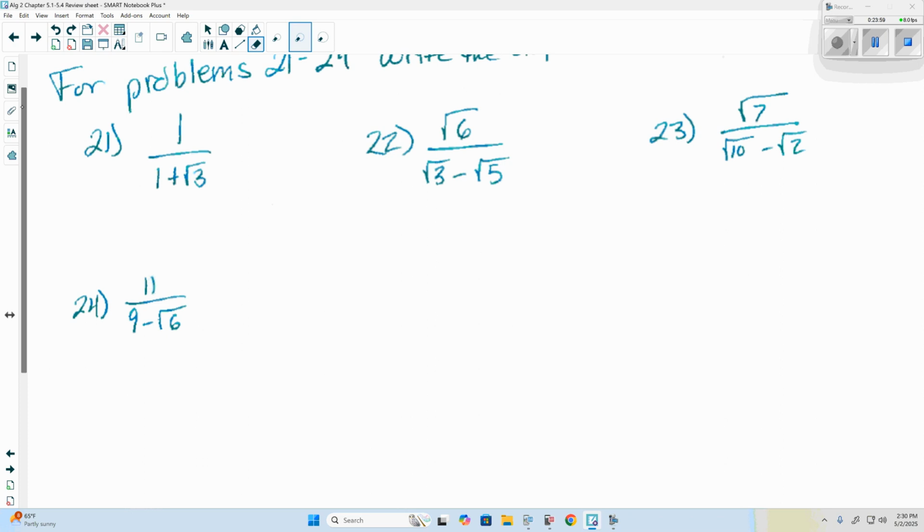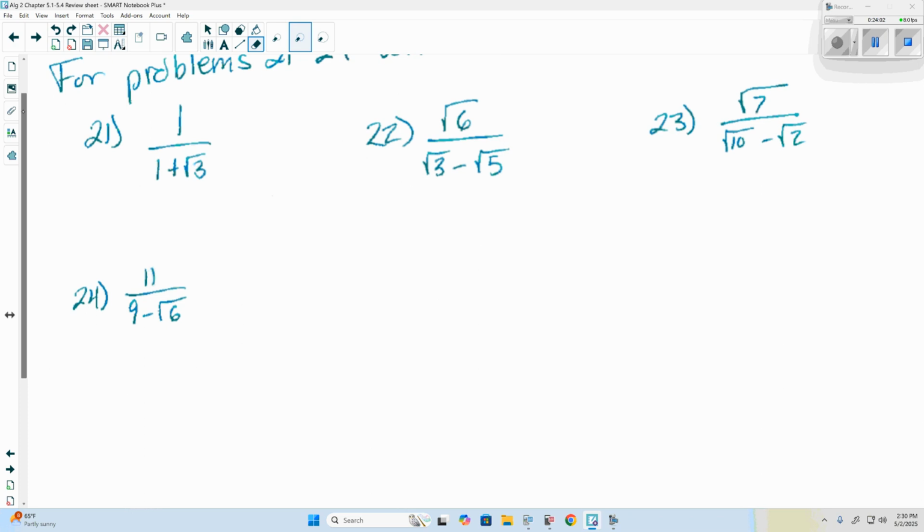Questions on 21 through 24. Which one do you want to look at? 23, square root of 7 over the square root of 10 minus square root of 2. Now, doing this by hand, we would multiply by the conjugate of the denominator.